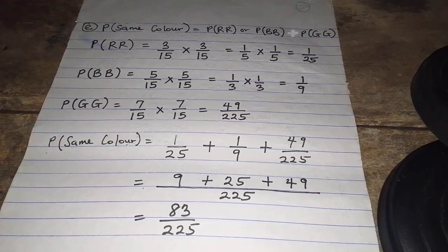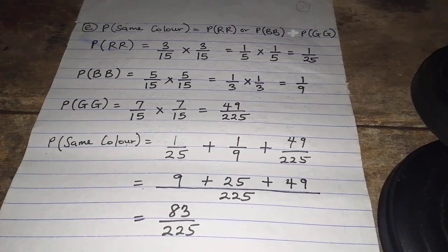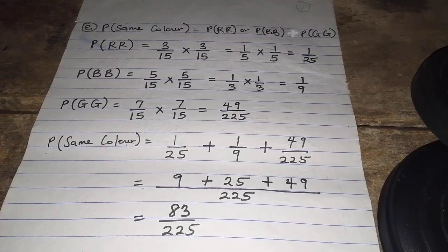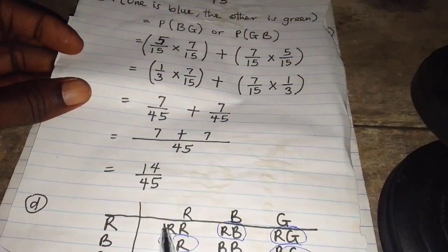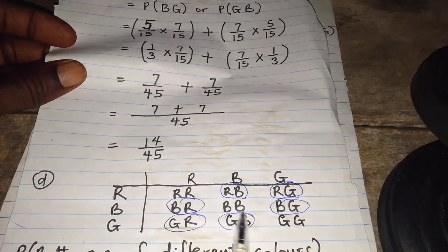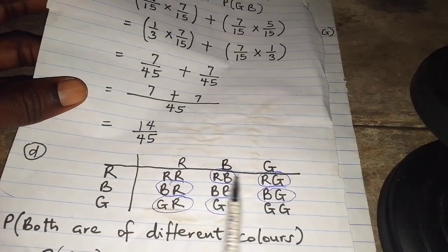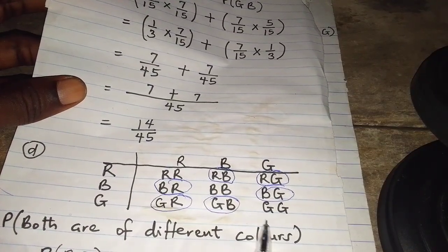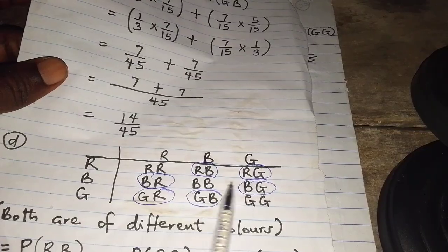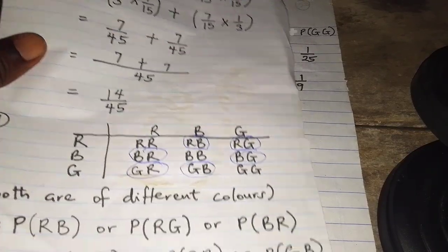Now alternatively, you can also do it this way. Now look at this. When we were looking at the different ways you can have the combination, it's either we have different colors or the same color. So if we don't have different colors, it means we are having the same color.